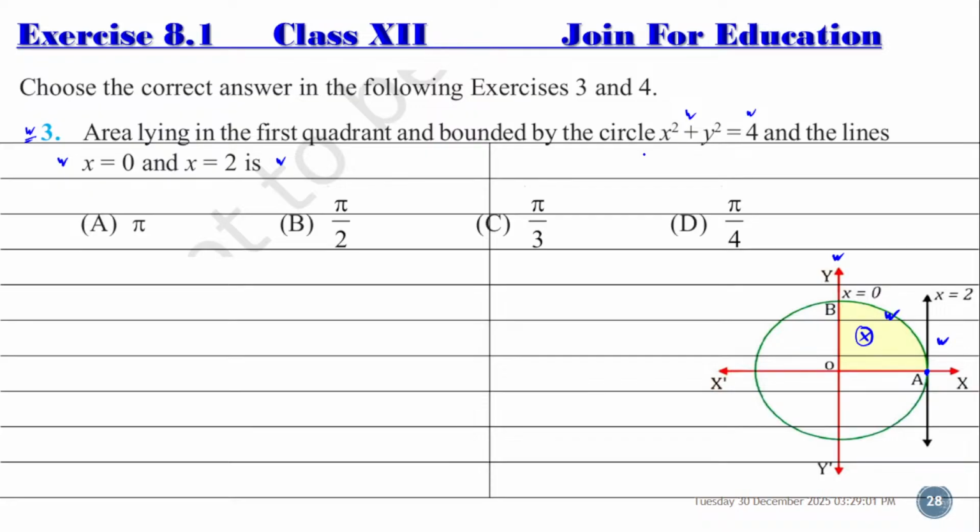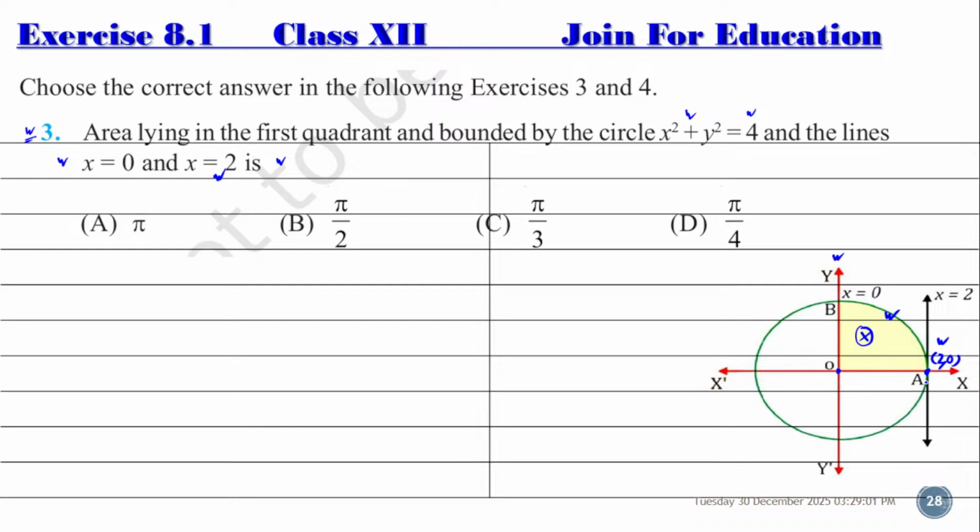This is what the question asks us. So x changes here from 0 to 2. When x equal to 2, then here y will be what? 0. X equal to 2, then y equal to 0.